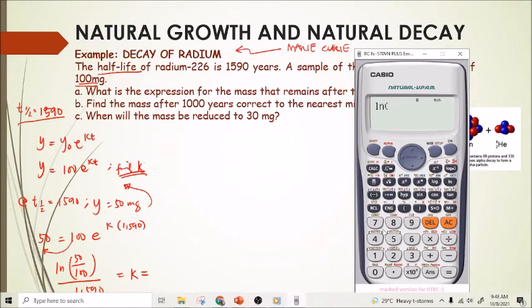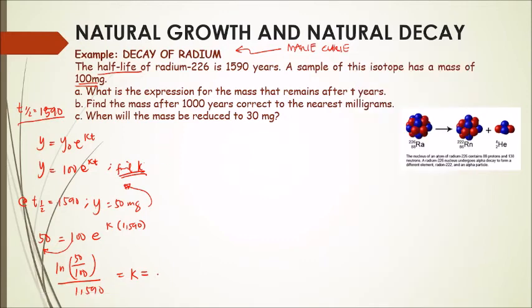I'll calculate this one. 50 over 100, that's 1/2, that's 0.5, then divided by 1,590. Now, our k is negative 4.359 times 10 to the negative 4. So this is our k value.